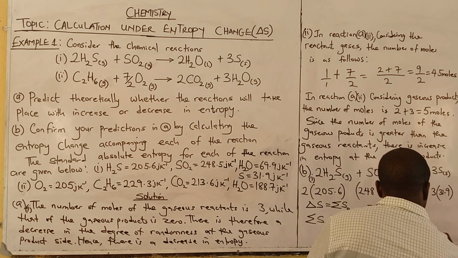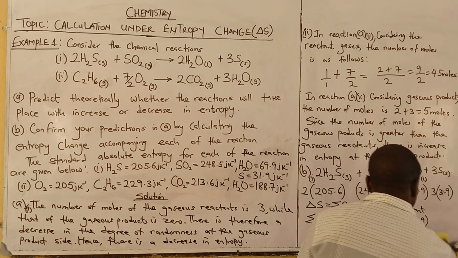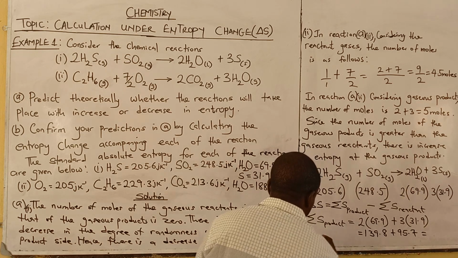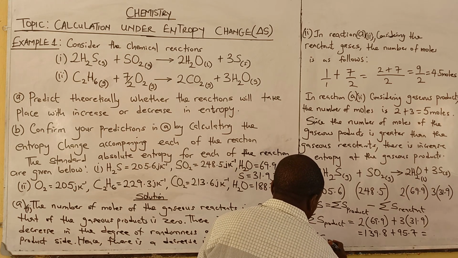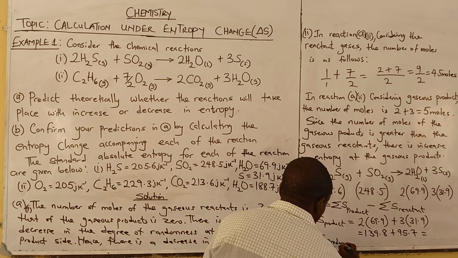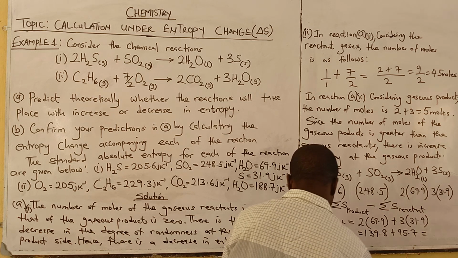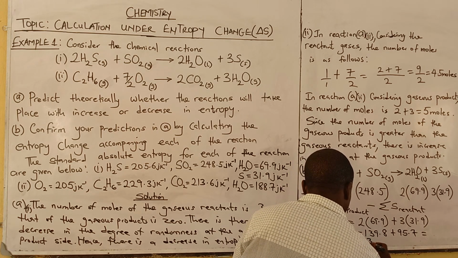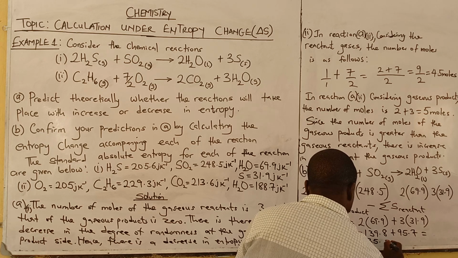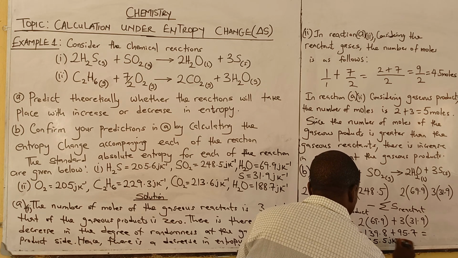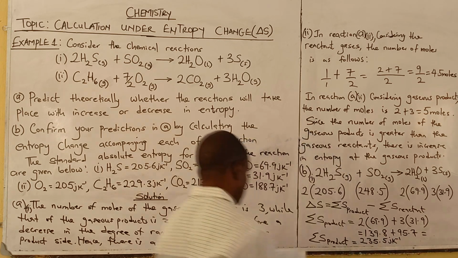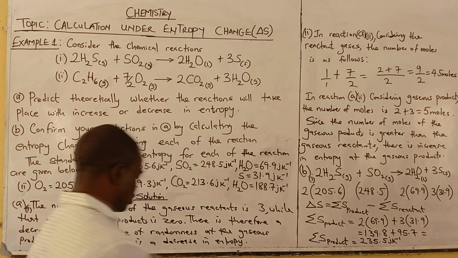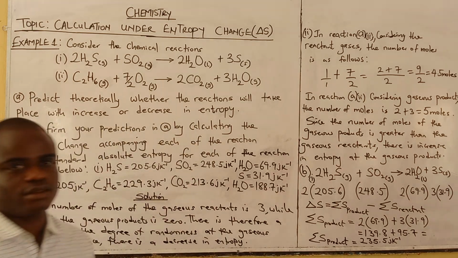When you add it, you have summation of the entropy at the product side equals 235.5 joules per Kelvin. Okay, now let's get that of the reactant side.